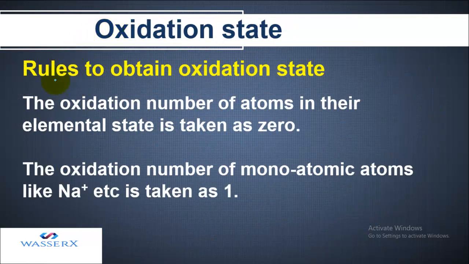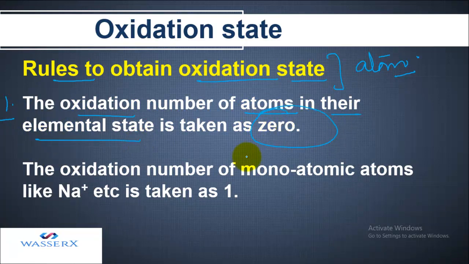Now there is a certain set of rules that we need to use in order to find the oxidation state of any atom. Let's see what rules help us identify the oxidation state. The first rule is that the oxidation number of atoms in the elemental state is taken as 0.